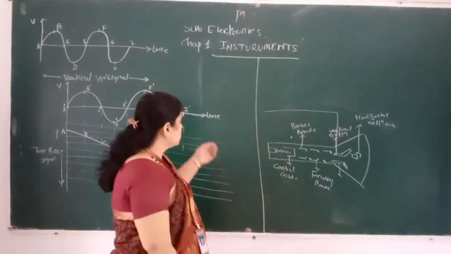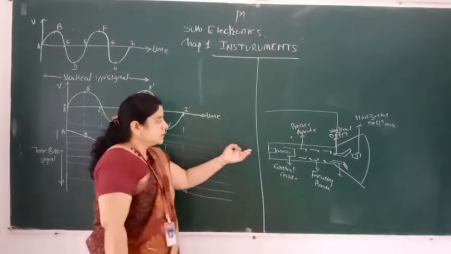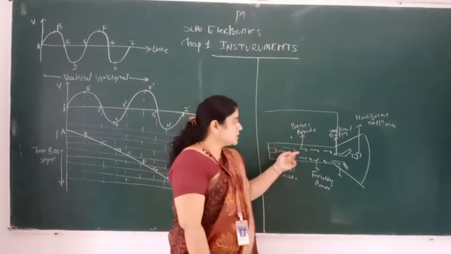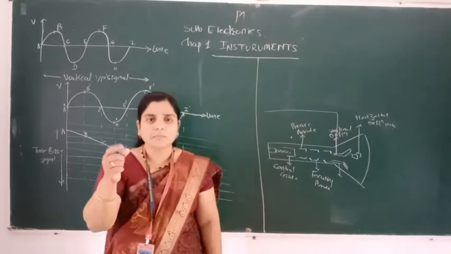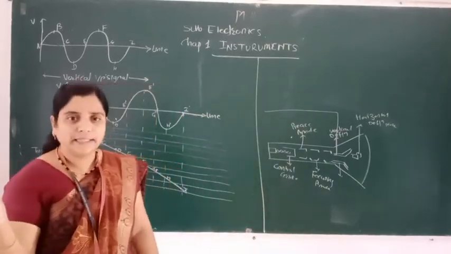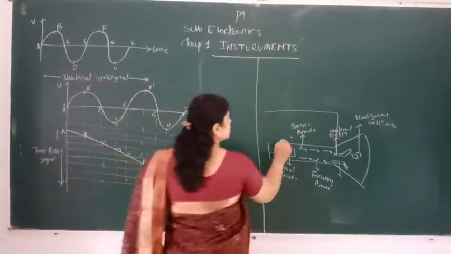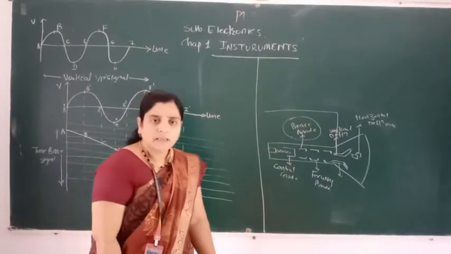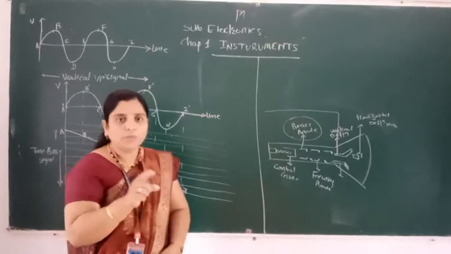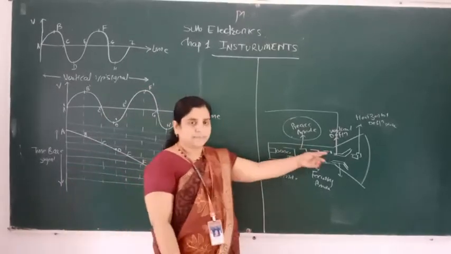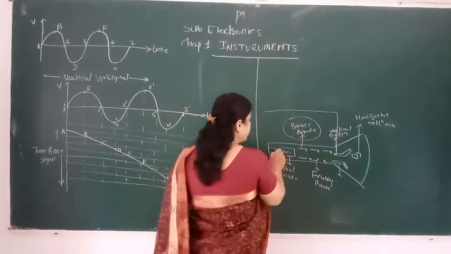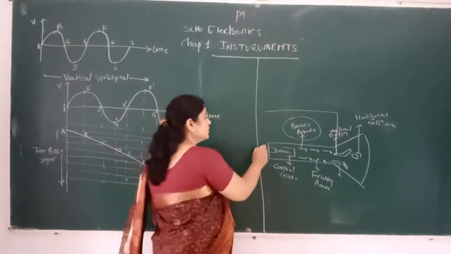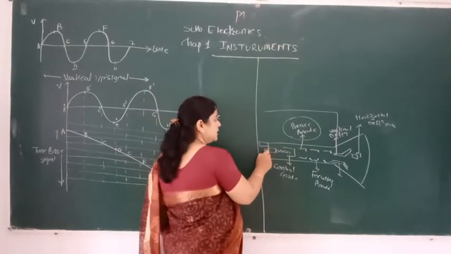So that it produces the electron beam, and that electron beam will start moving with its kinetic energy, because this pre-accelerating anode provides the energy to the beam to move towards the screen. Okay. So if the filament is there and if input is applied to the CRT, then what happens?